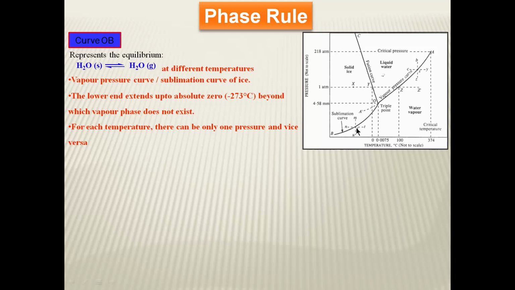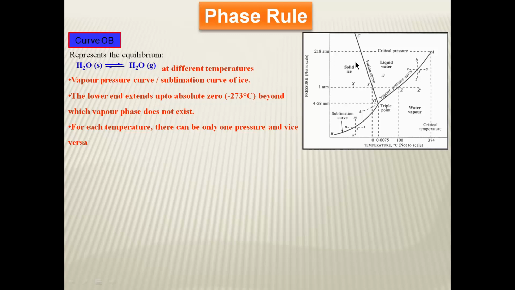Now at this point S, if I keep the pressure constant and increase the temperature, the dotted line ST will be traced and the equilibrium will be shifted towards the vapor side. Similarly, if I keep the temperature constant and increase the pressure, the dotted line SM will be traced and the equilibrium will be shifted towards the solid side.